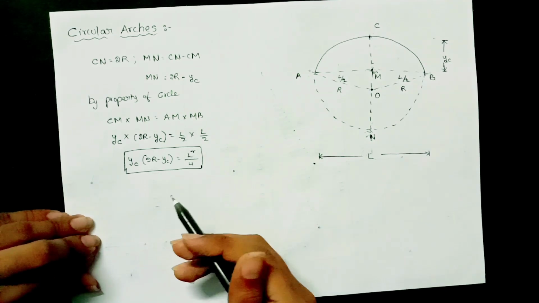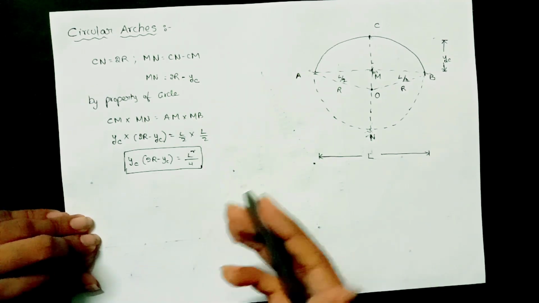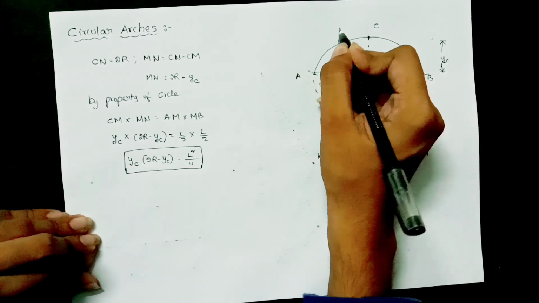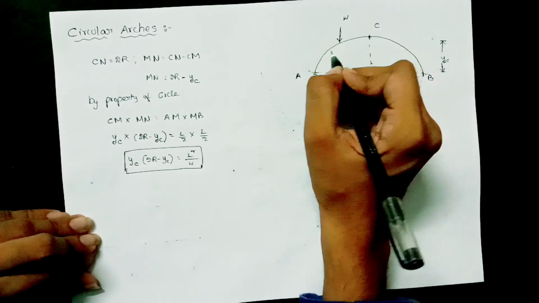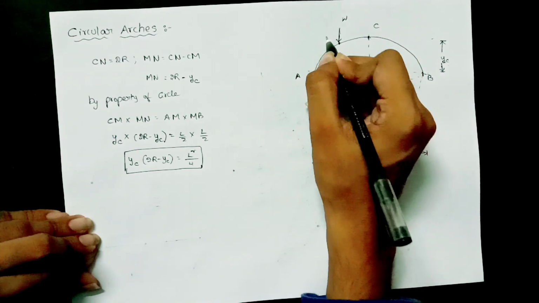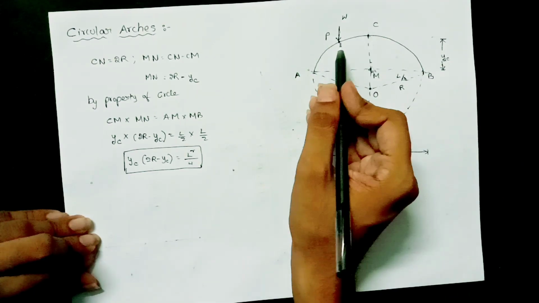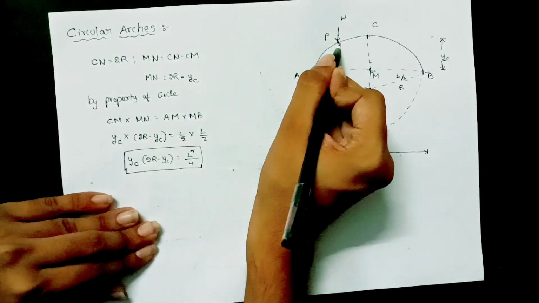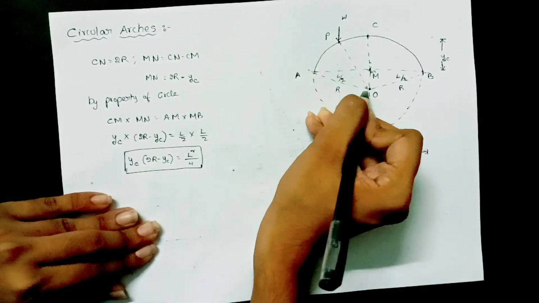We need another formula for calculation of the rise at a particular point. For example, if there is a load W acting at a certain point P. Now I will join these two points, OP.